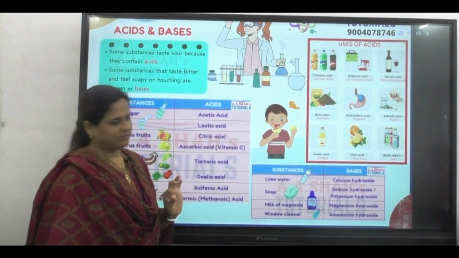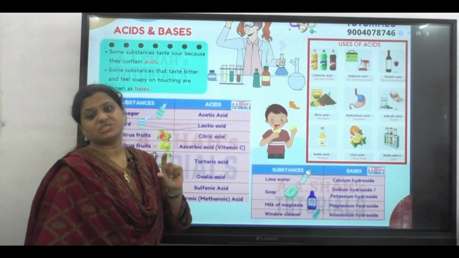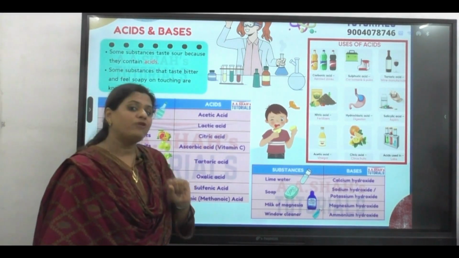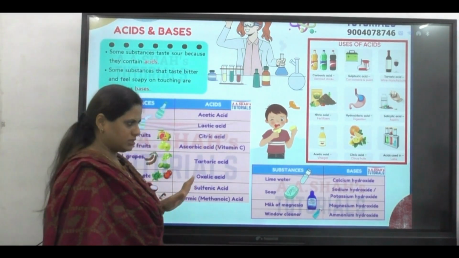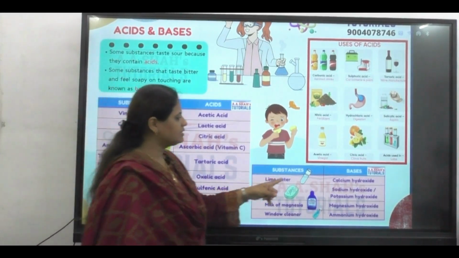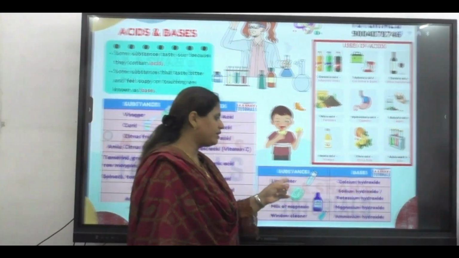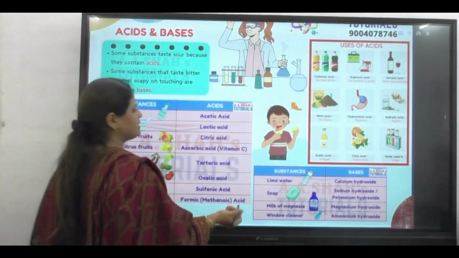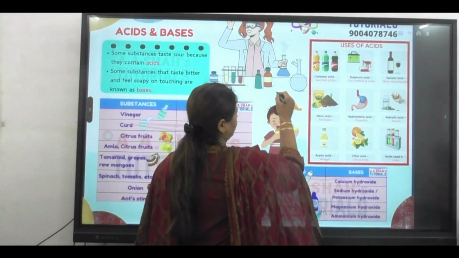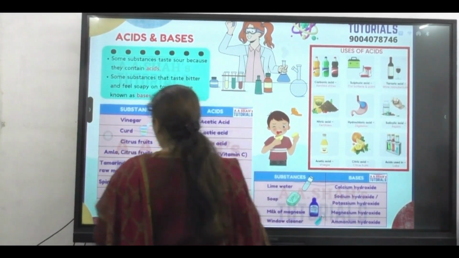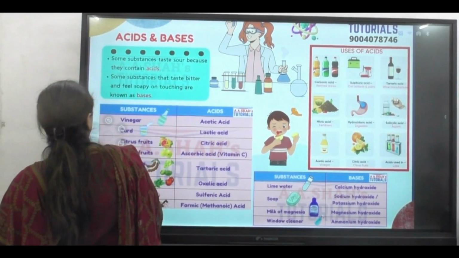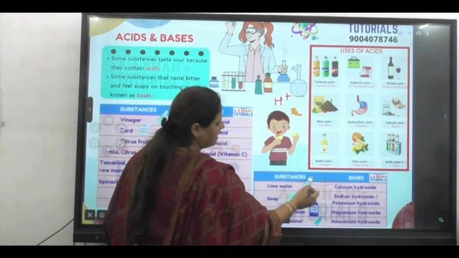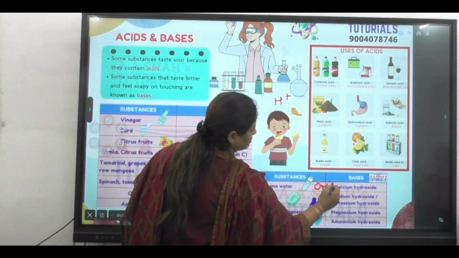Lime water, which is used in chemistry experiments. As you know, a gas which turns lime water milky is carbon dioxide. So carbon dioxide gas turns lime water milky. Lime water has a base which is calcium hydroxide. All acids have hydrogen in them, H plus ion, and all bases have OH minus.